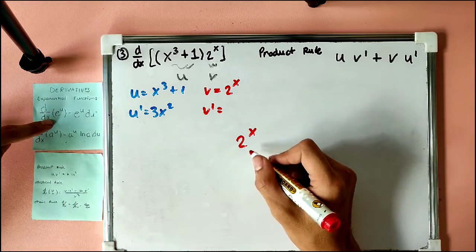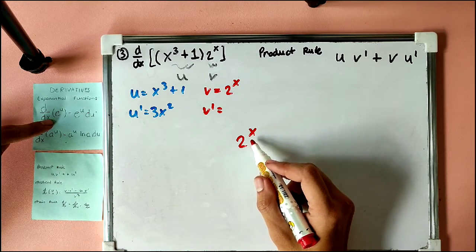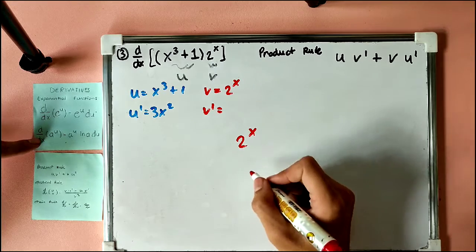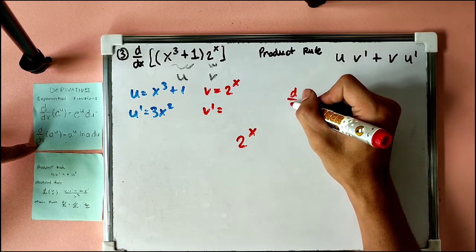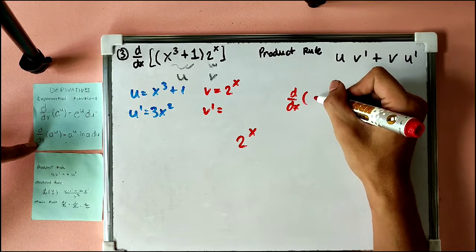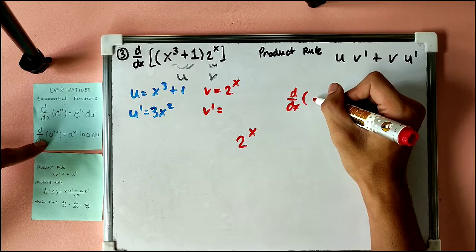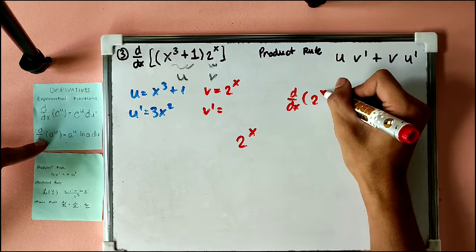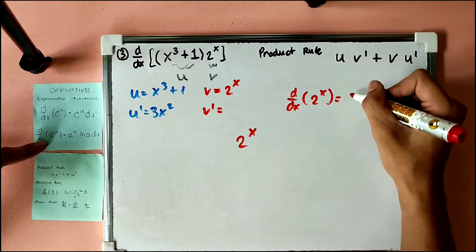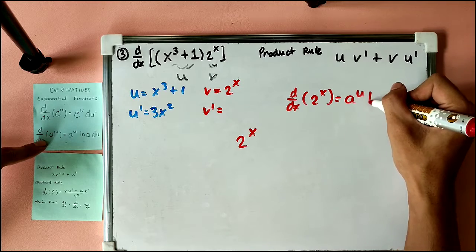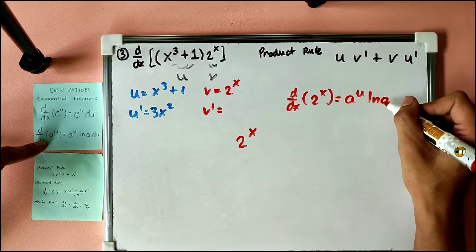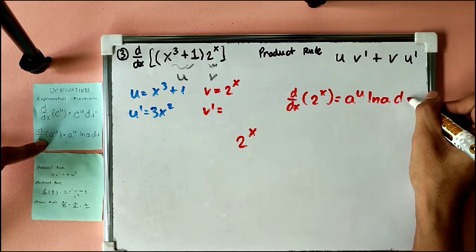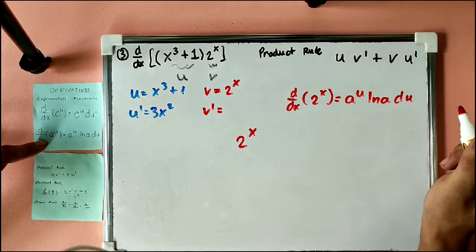So ang gagamitin nating formula para makuha yung derivative ng 2x ay ito sa pangalawa, a raised to u times ln a times the derivative of u.